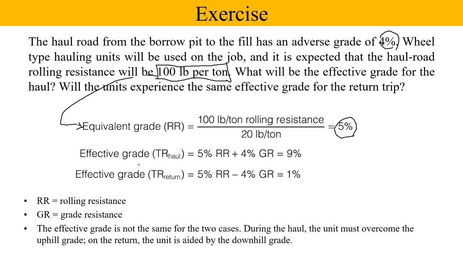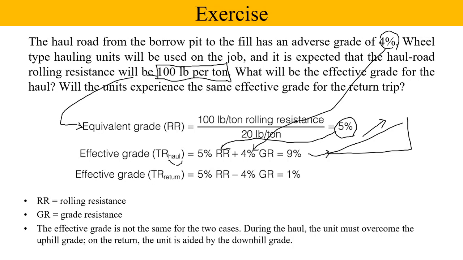For effective grade, when you're hauling, going up the hill, we already had 4%, and here we find 5%. So you should add them together.